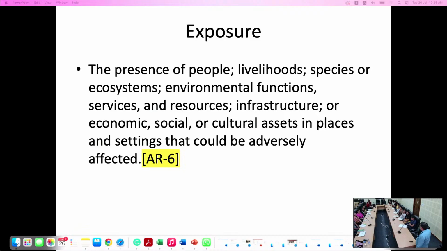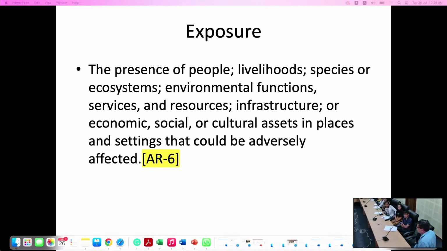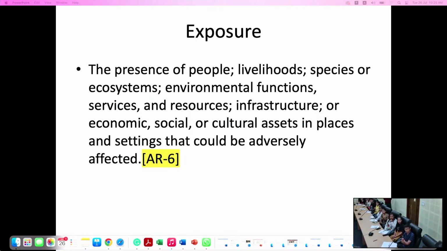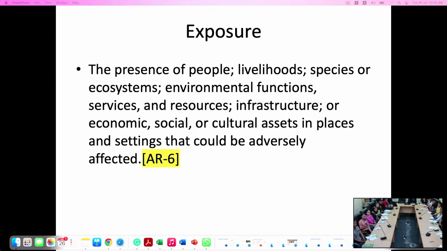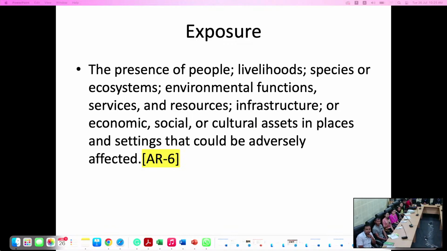That's all. Nothing else. The presence of people, livelihoods, species or ecosystems, environmental functions, services and resources, infrastructures or economic, social or cultural assets in places and settings that could be adversely affected. Okay. So don't bother about its meaning. You will have to read it a couple of times before you absorb the full meaning.